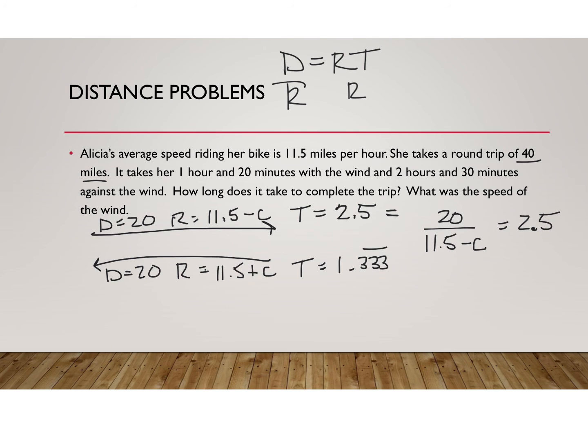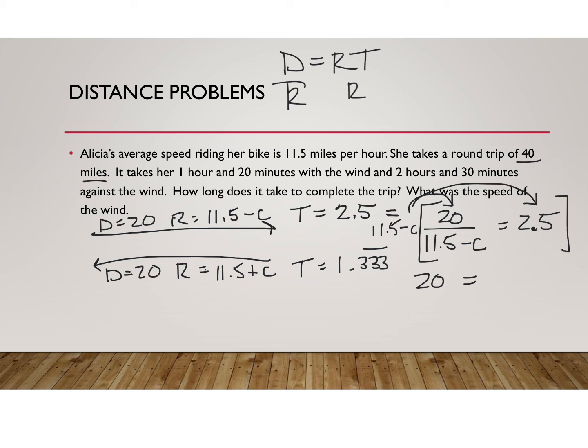Now how do I solve this equation? I could multiply by 11.5 minus c. That would cancel. I'd have 20. Then I'd take it times 2.5. I would do my distributing.